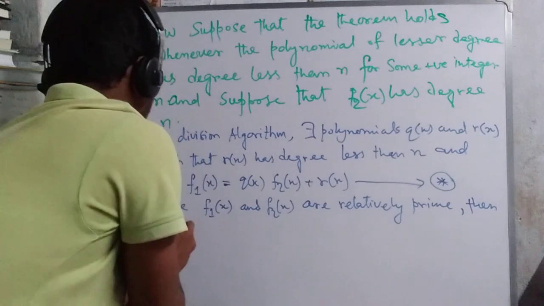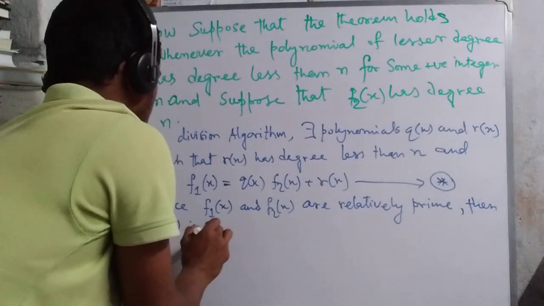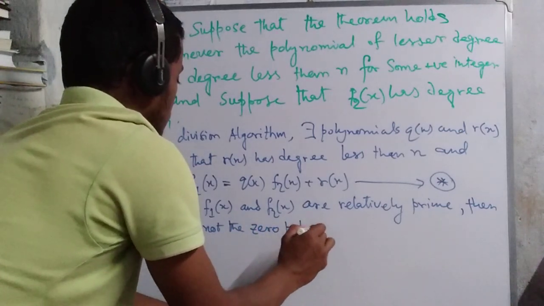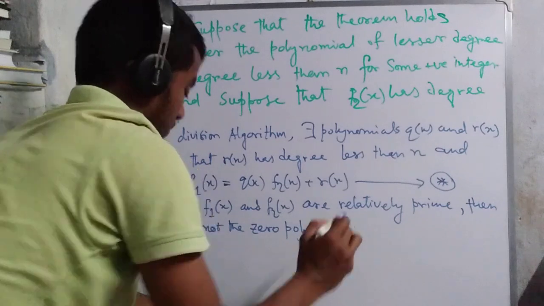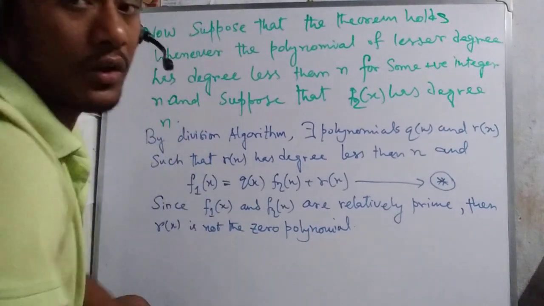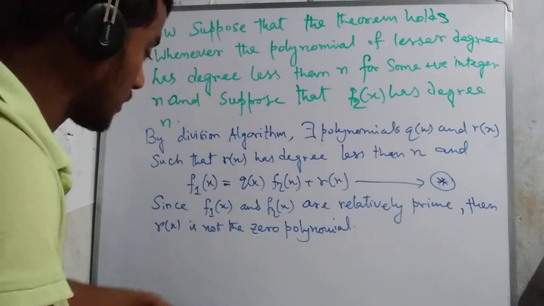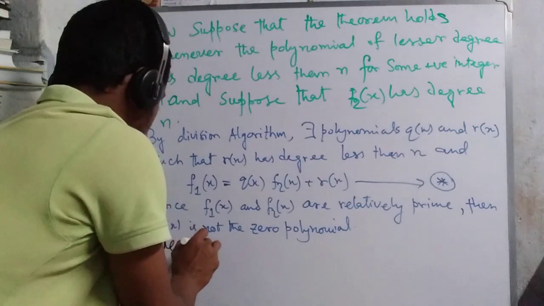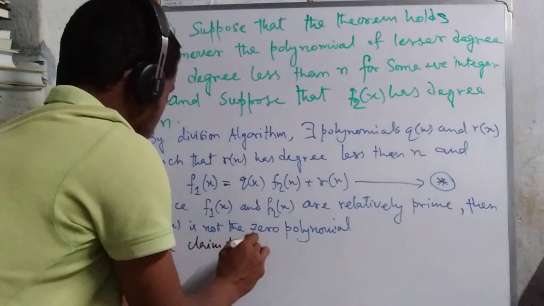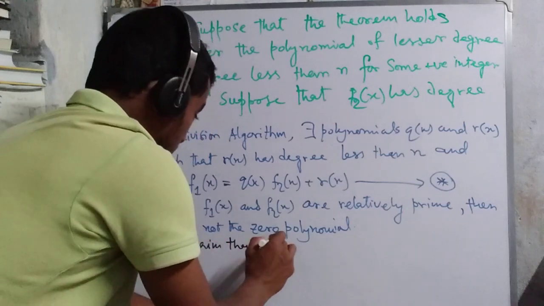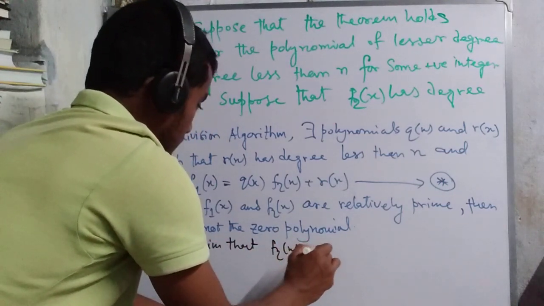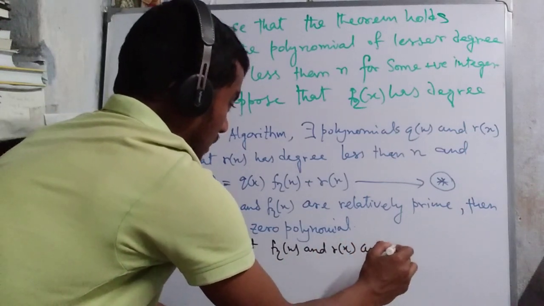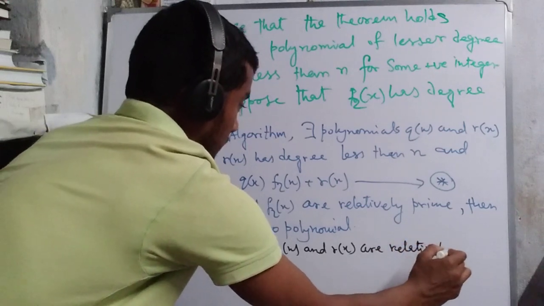Now we claim that f2(x) and r(x) are relatively prime.